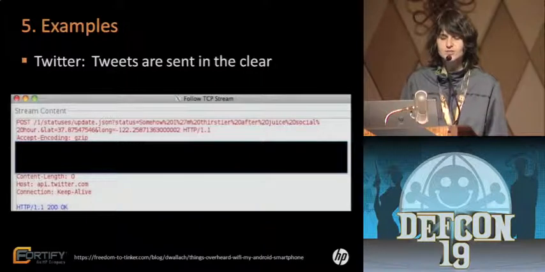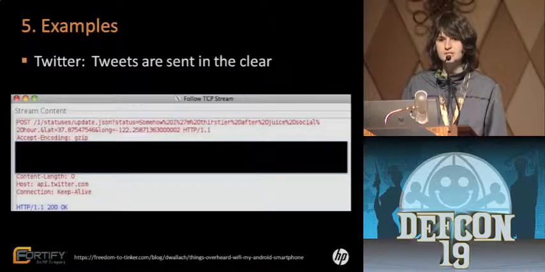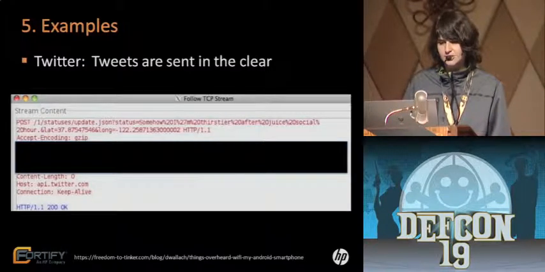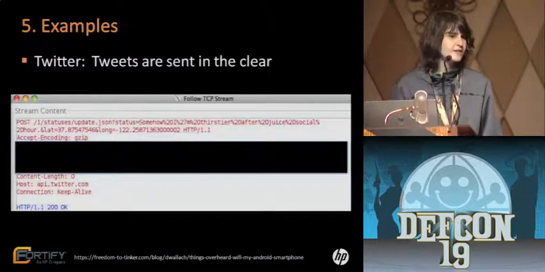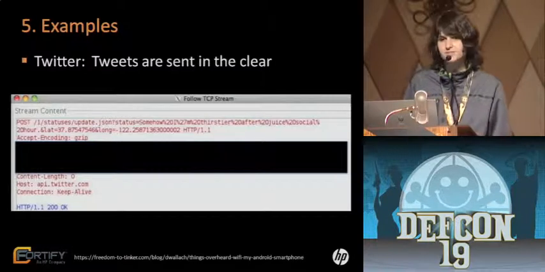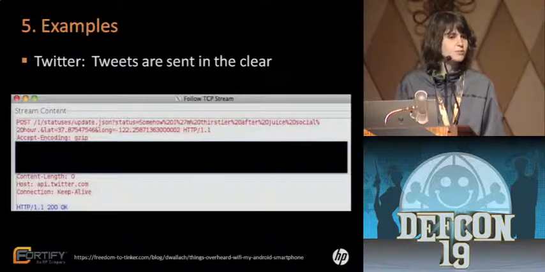And here's a screenshot of what the mobile Twitter application sends over HTTP. As you can see here, it sends the tweet, which is basically the value of the status parameter, in the clear.